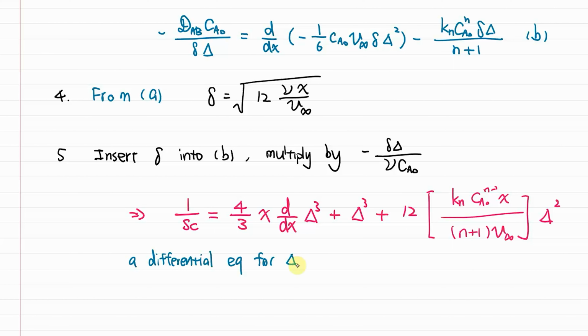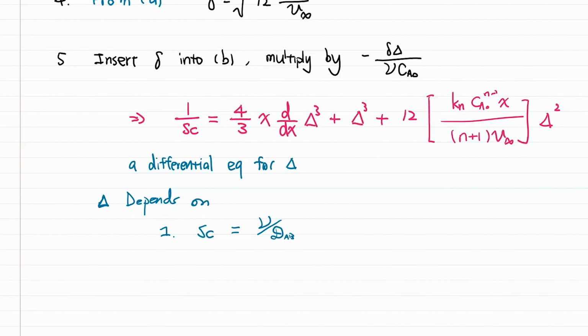So we know that the capital delta depends on, one, the Schmidt number, which equals the kinematic viscosity over the diffusion coefficient, and two, it depends on this bracket here, and that bracket is actually 1 over n plus 1 times Kn Ca naught to the n minus 1 power times x over v infinity.